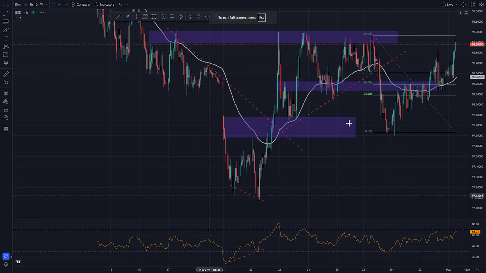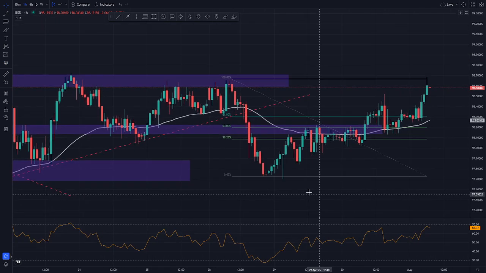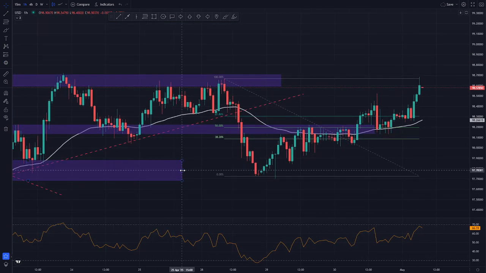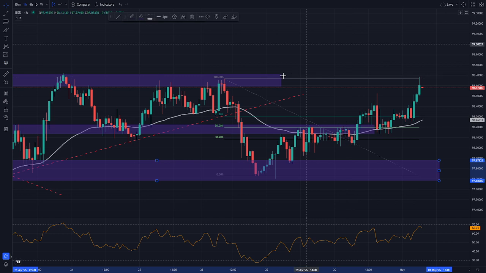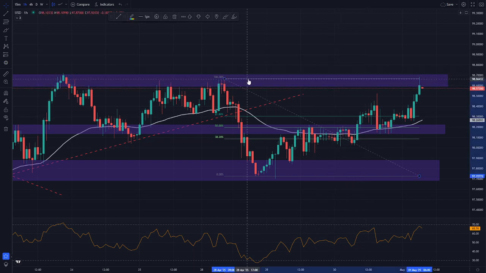So we can establish a very strong, hold on, this stuff needs to load properly. So we can perceive a very strong bullish momentum.